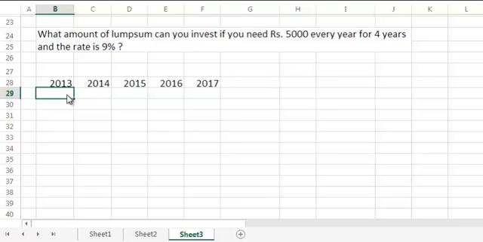So in the year 2013 we can call it as year 0. In 2014 you end with your first year and your second year begins. So that means 1 represents end of year 1, but 1 also represents beginning of year 2.